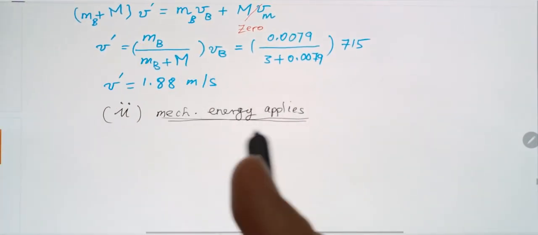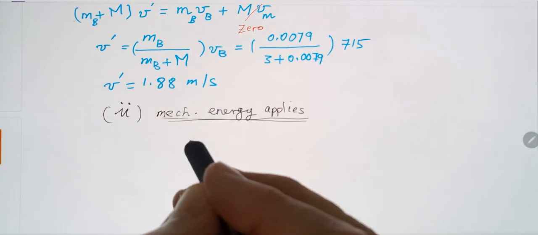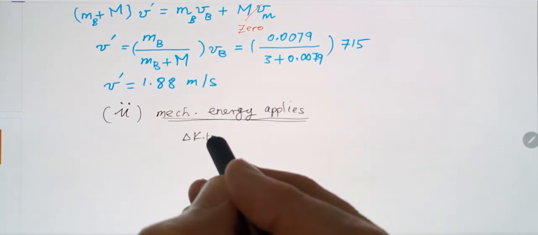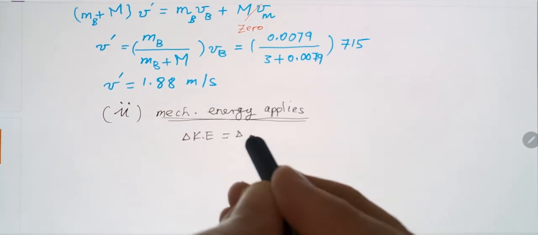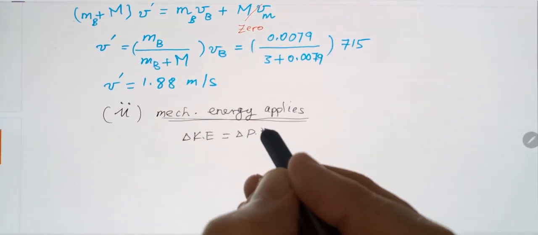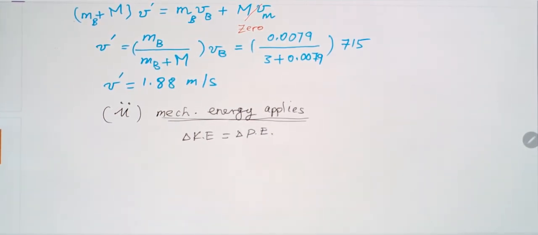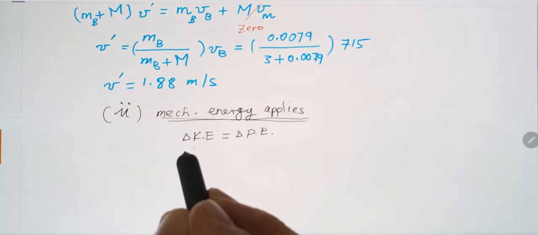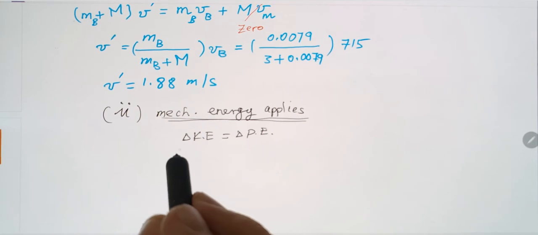What's the meaning of that? It means the change in kinetic energy must equal the change in potential energy. So now the bullet and the block are one object. What is the change in kinetic energy for the bullet and the wood block?